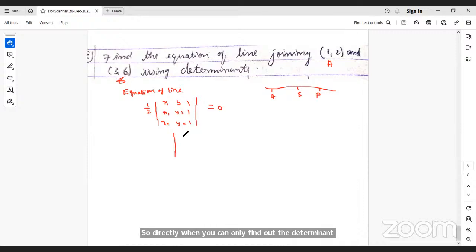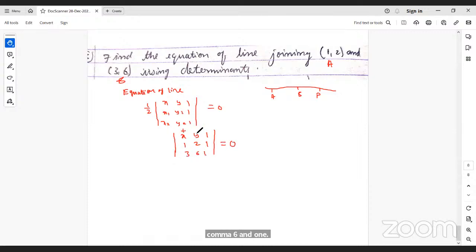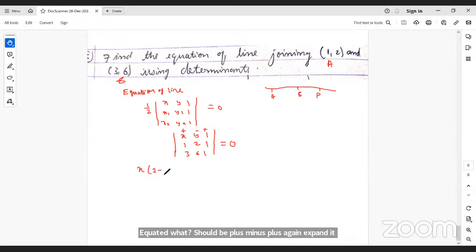Keep x y 1 as it is, then x1 y1 is 1, 2, 1, and then 3, 6, 1, equal to 0. This will be plus minus plus, again expand it. So x into (2 minus 6), minus y into (1 minus 3), plus 1 into (6 minus 6), which is equal to 0.